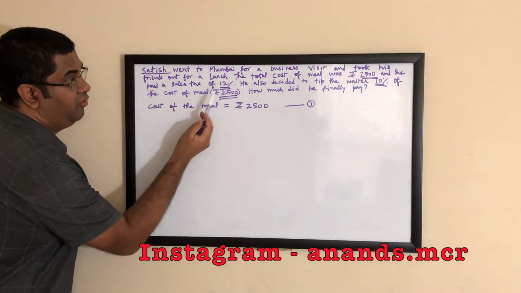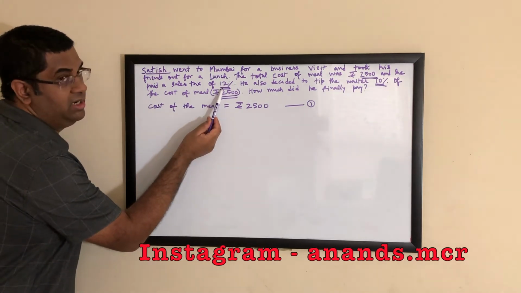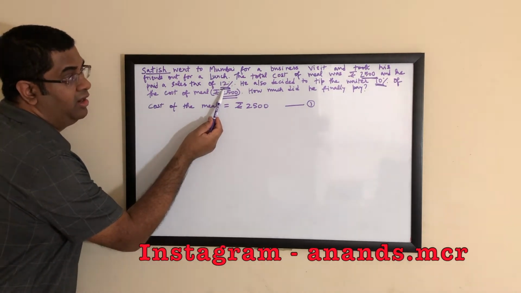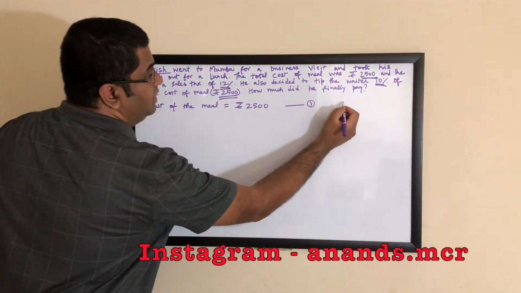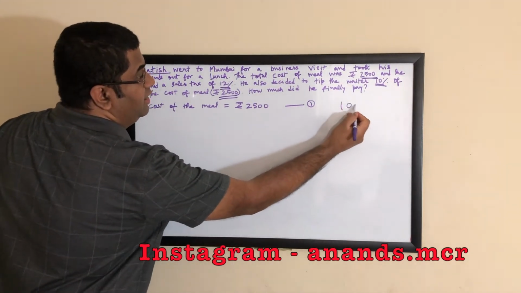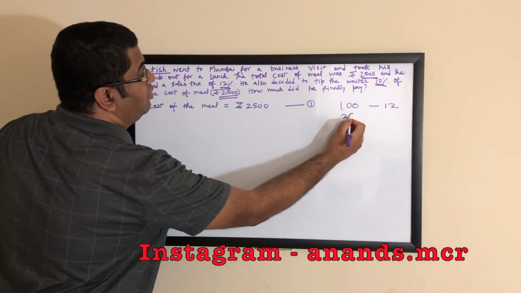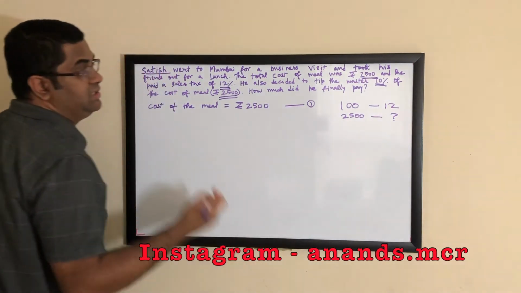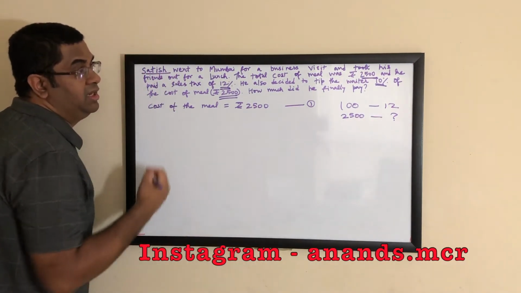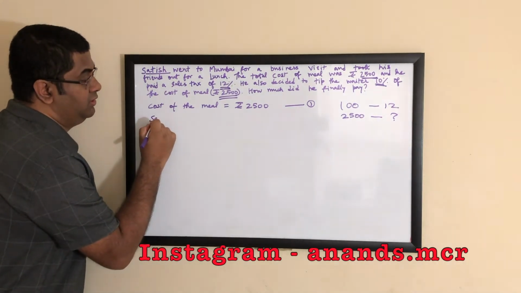Out of 100%, if the meal had cost 100 rupees, he would have paid a sales tax of 12 rupees. Now the meal had cost 2,500 rupees, and we have to find out how much sales tax he paid on it.